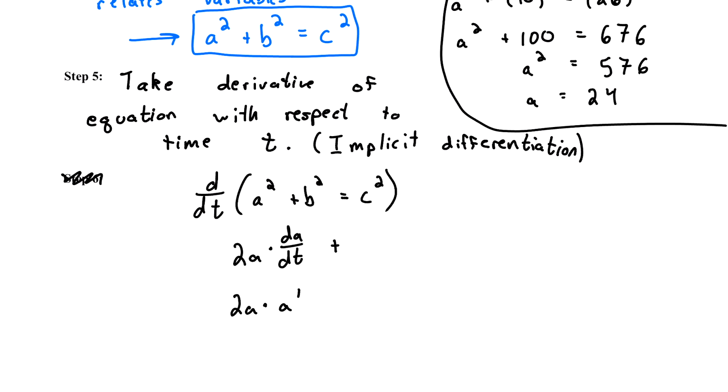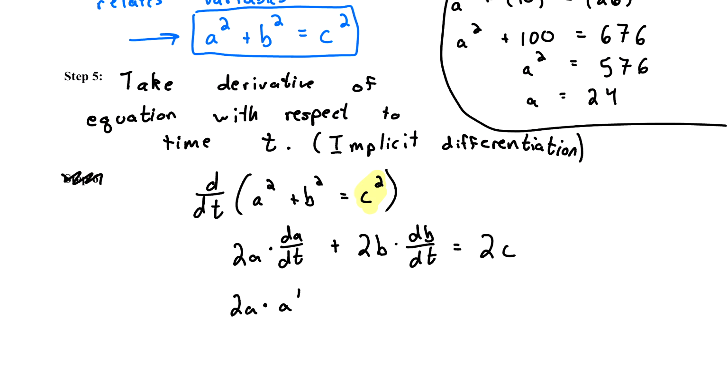But if you want to use a prime and you're more comfortable with that, then go ahead and continue to do that. So next, I need the derivative of b squared. Using our power rule, we'll have 2b, but the derivative of b with respect to time t, I need to multiply by that, so db over dt for my implicit differentiation. And then the derivative of c squared, well, that's going to be 2c, but again, I'm taking the derivative with respect to time.